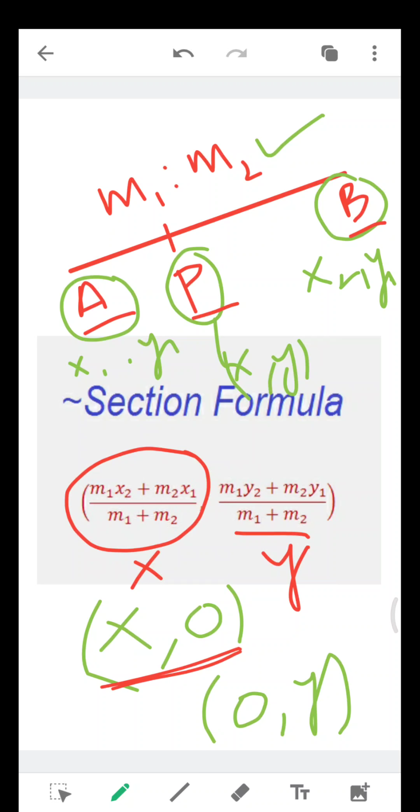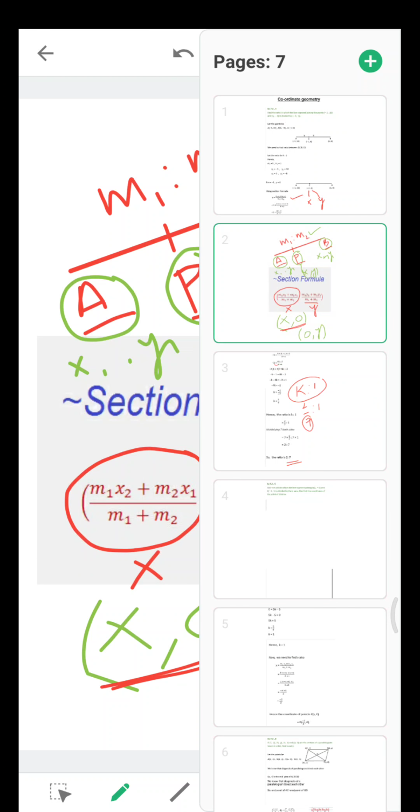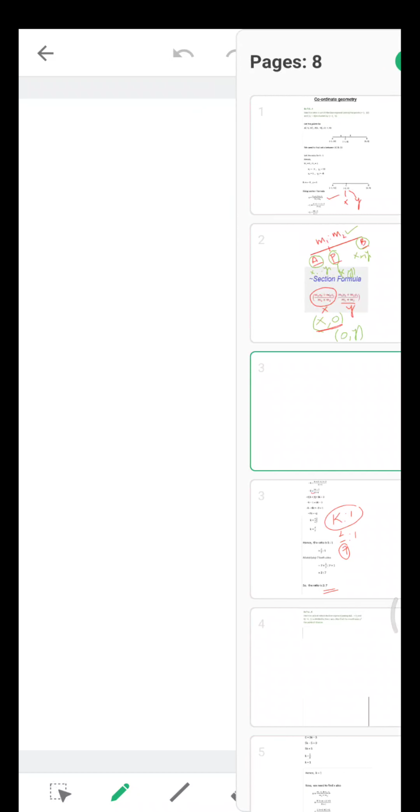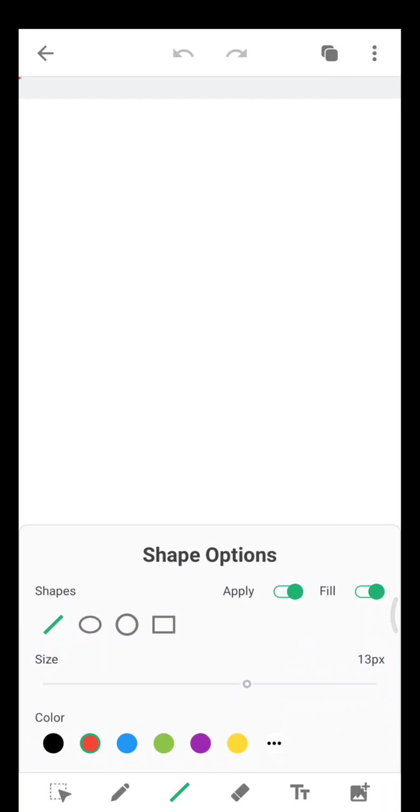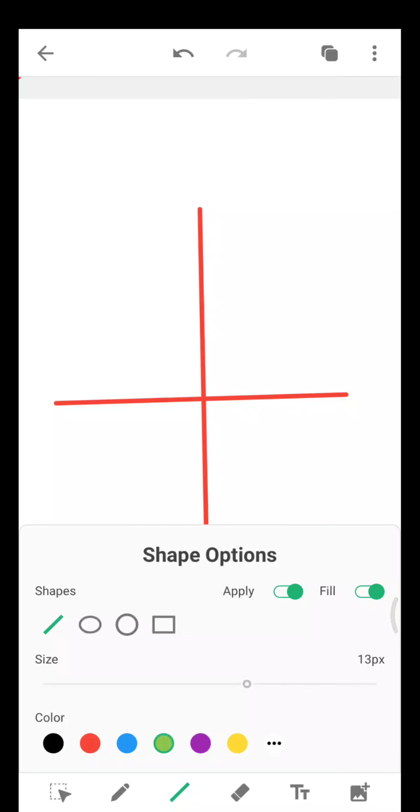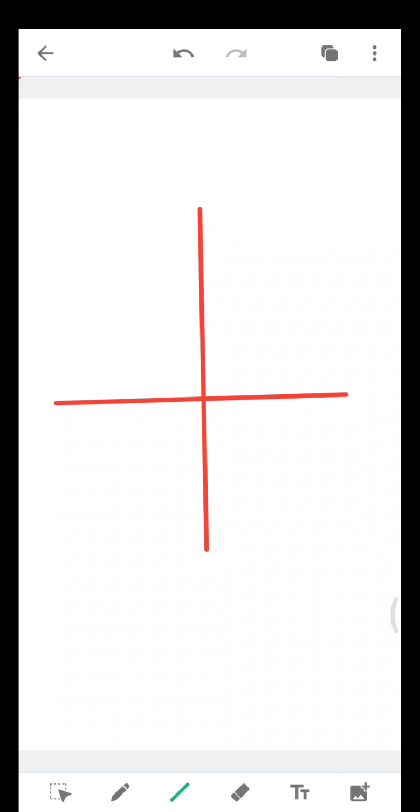So if I explain you this, the figure of this, a line segment, this is your x-axis and y-axis. Let's draw two axes here, x-axis and y-axis. Okay, so there is a line segment going somewhat like this.